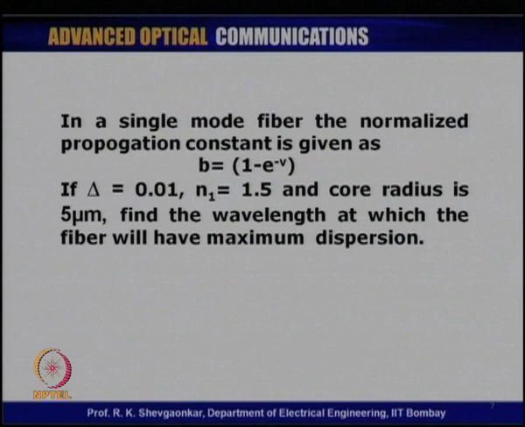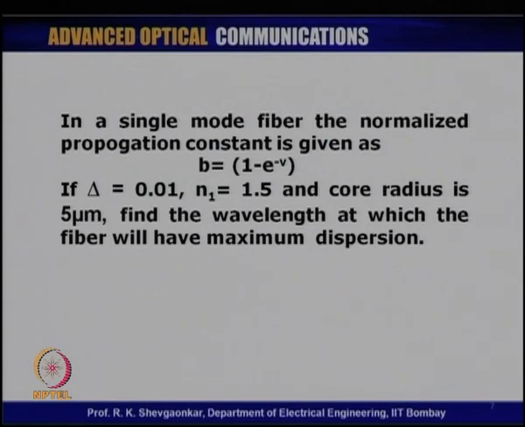Let us look at another problem on the dispersion on the optical fiber. In a single mode fiber, the normalized propagation constant is given as b is equal to 1 minus e to the power minus V, where V is the V number of the optical fiber.